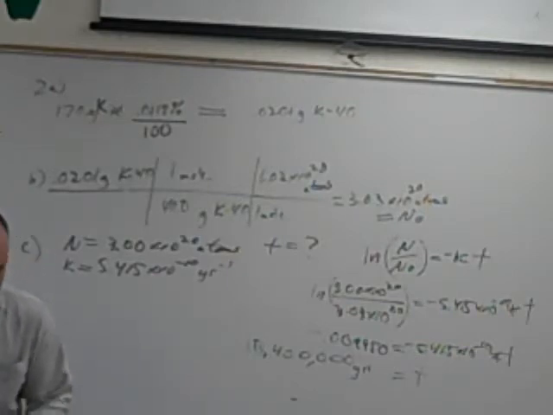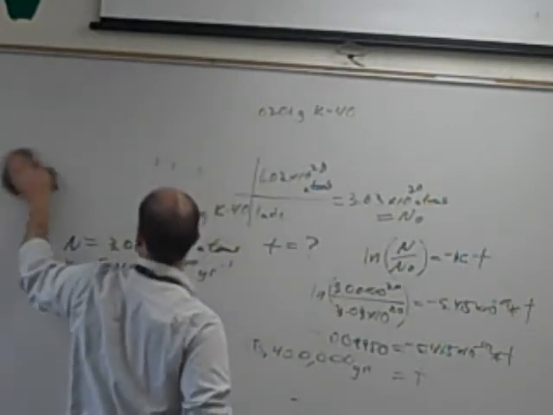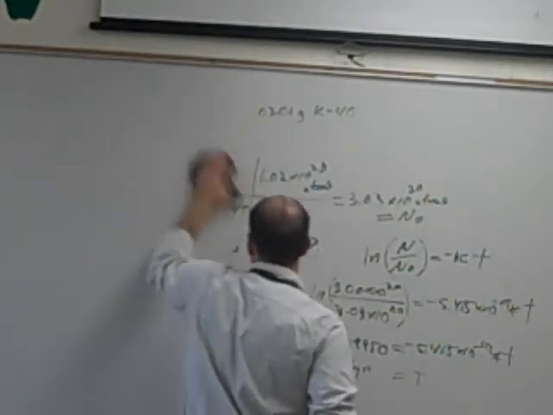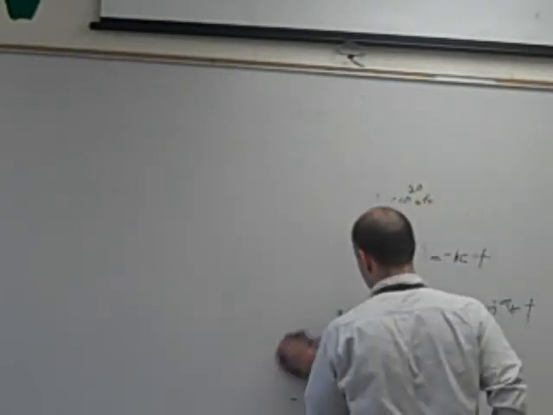Okay, number 3. Jen, can you read number 3 for us? Radioactive iodine 131 is used in medicine to map the veins and arteries of a human being.